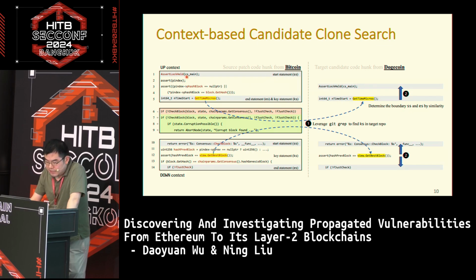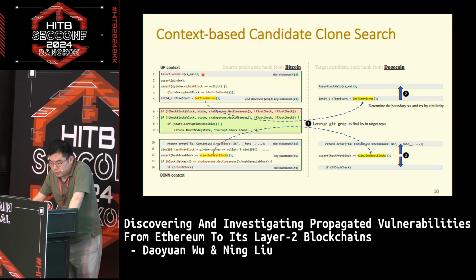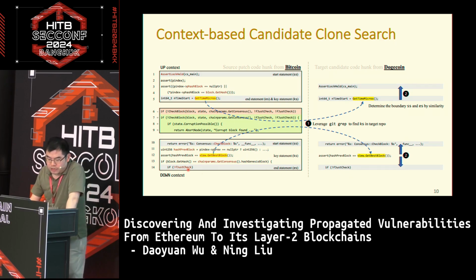Similarly, we do a line-wise similarity so that we know this line corresponds to line 1 in the source code. Similarly, we know that this return corresponds to line 10 in the source code, and this if statement corresponds to the last line of the Bitcoin code.